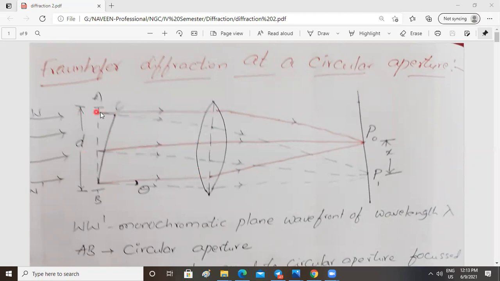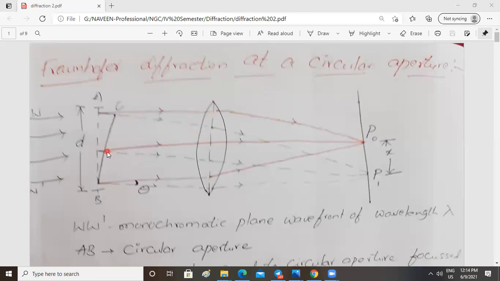It traces this direction normal to the slit. This is a converging lens. We are arranging the screen here. The screen is located in the focal plane, that is, the distance between this lens and the screen is a focal length. The characteristic of this lens is that it focuses all the rays which are reaching at the same angle at a particular point.